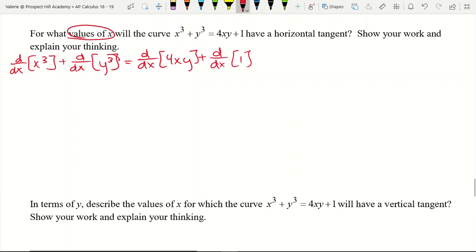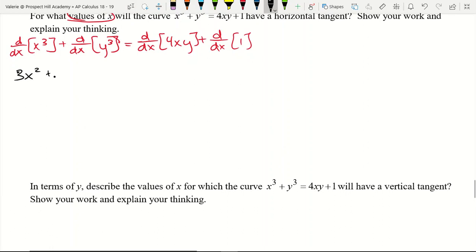Okay, so to find this derivative, we know the derivative of x cubed in terms of x is just 3x squared, plus the derivative of y cubed in terms of x will give us 3y squared dy/dx, right? Now here we again have the product of 2 variables, and thus we'll need to use the product rule to differentiate.